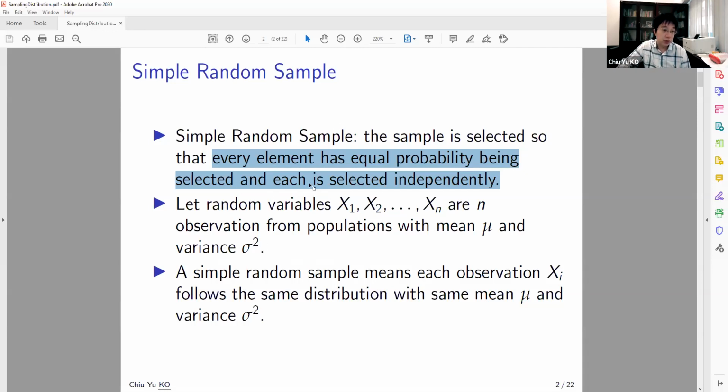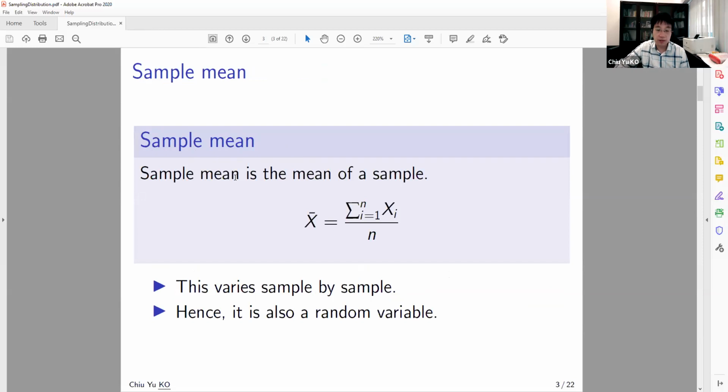If you really get data from the field, you need more advanced techniques. The sample mean is the mean of the sample. That means each observation is a random variable, because before you actually get a sample, you don't know what it is.